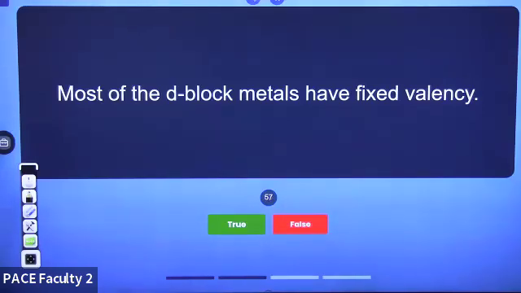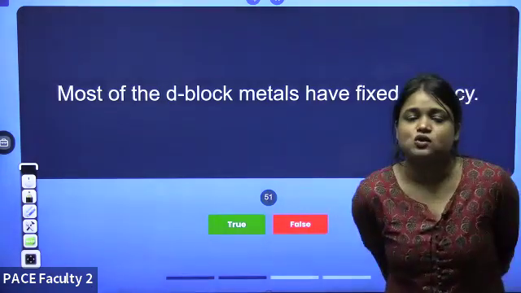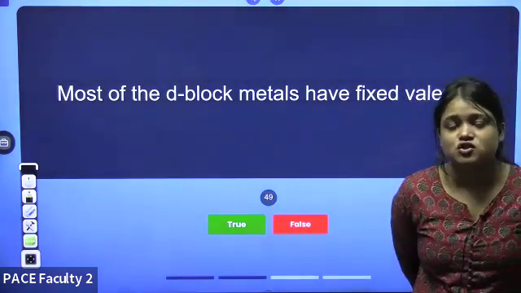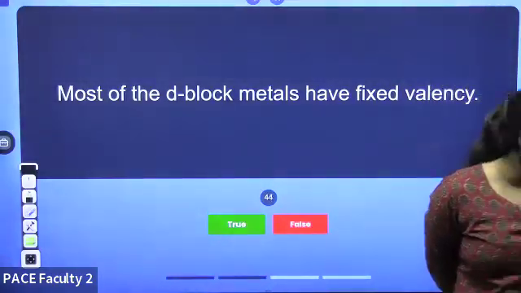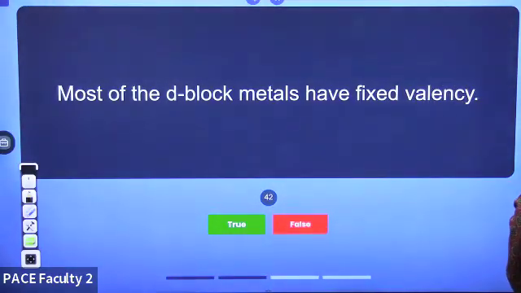Most of the metals have fixed valency. True or false? Remember, I told you that d block elements or transition elements are called transition because they don't have fixed valencies. False, Ambasa, very good. Dumka says false. Okay. There is Anish and Rohan from Nichar.